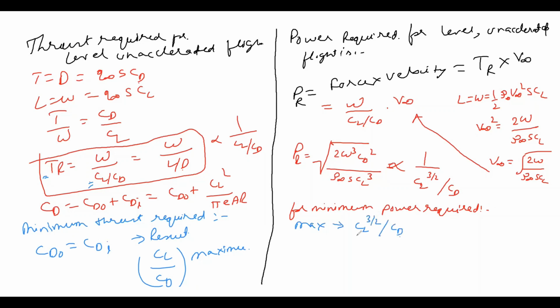Maximum value of CL to the power 3 by 2 by CD will give minimum power required. Also, we will get CD naught equal to 1 by 3 CDI. Okay. So this will be the case for minimum power required, minimum thrust required.